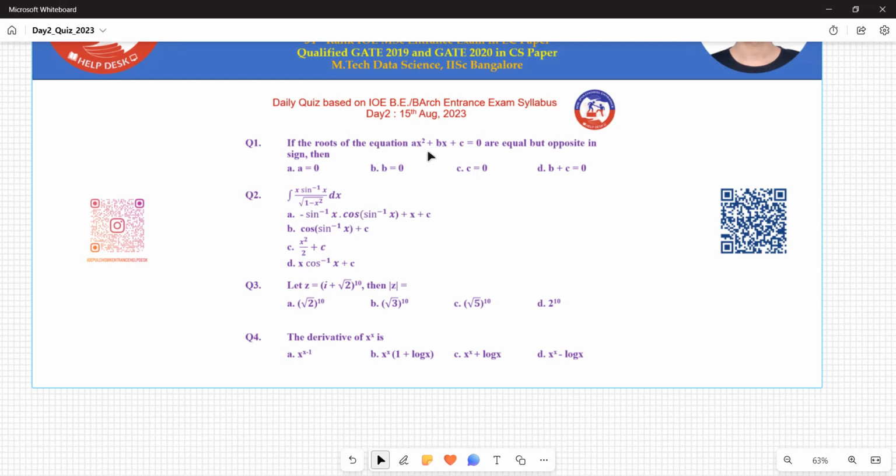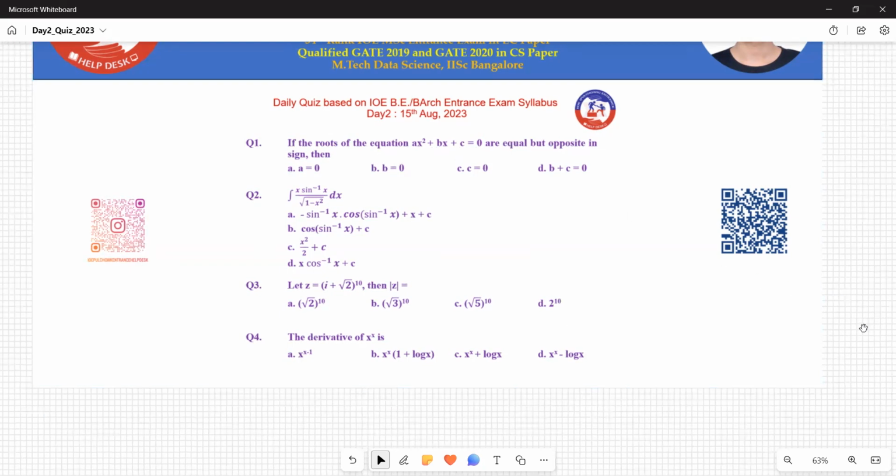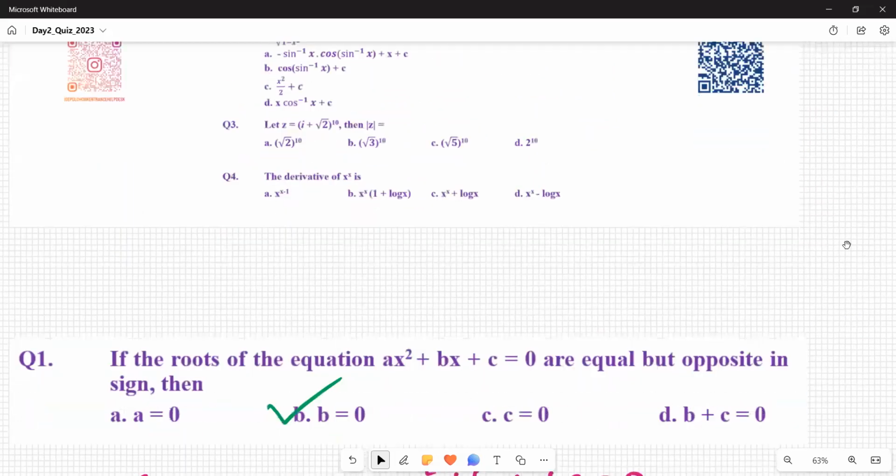And if a is not 0, then only it can be a quadratic equation, because for the equation to be quadratic, it should have a second degree term. But when a becomes 0, there will be no second degree term. So be smart with this, catch these things, that whenever a is 0, this will lose the second degree term.